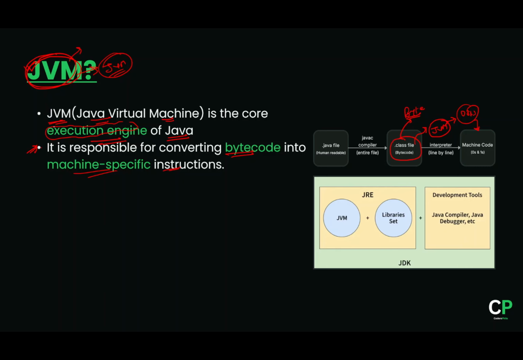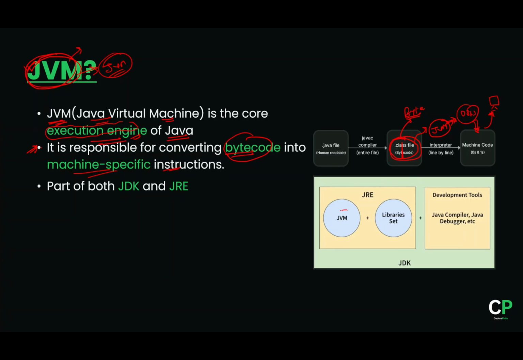The JVM will convert this bytecode into machine specific instructions, that is zeros and ones, so that the computer can finally execute it. So JVM is the core execution engine of Java.